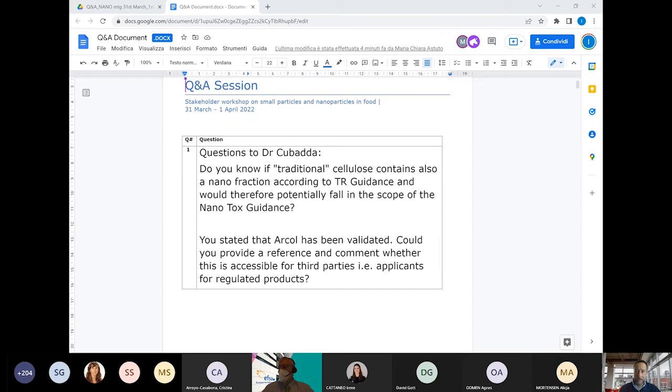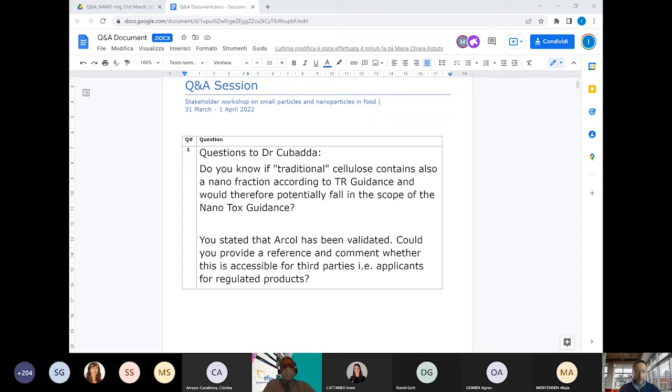There are some indications in the literature that especially microcrystalline celluloses and similar materials, which are already subjected to size reduction, may contain a fraction of nanocellulose. This has emerged very recently in the literature.